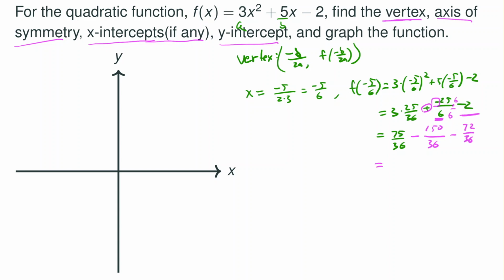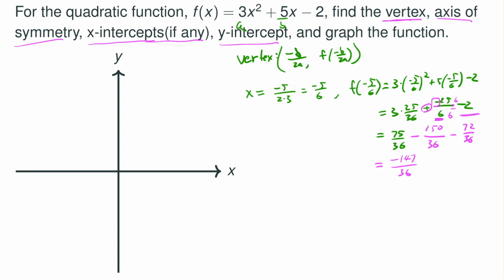So then I can just subtract, or I can do 75 minus 150 and minus 72. Okay, so then I get negative 147 over 36.